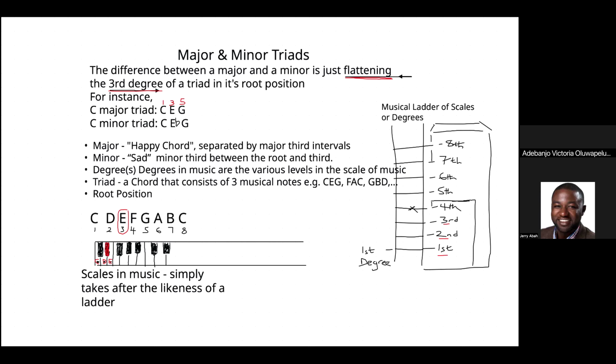Now, in the minor triad, if you sharpen the fifth degree, it becomes a minor augmented chord. So it carries the two names, C minor augmented.